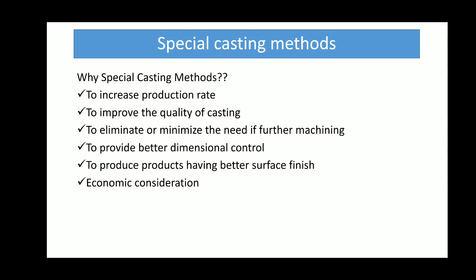That is also possible with different special casting processes. Similarly, providing better dimensional control is possible, and producing parts with better surface finish is also possible. And from an economic point of view, sometimes certain types of casting that come under special casting methods will be suitable.